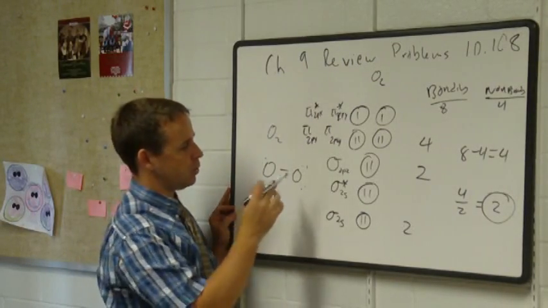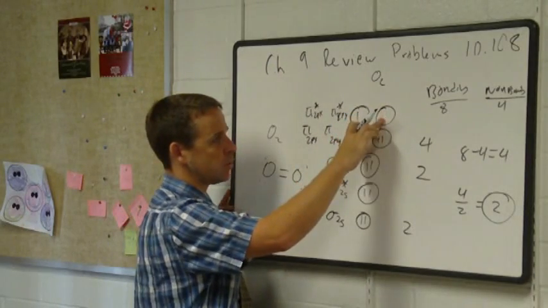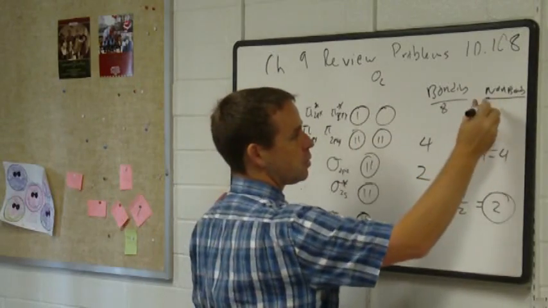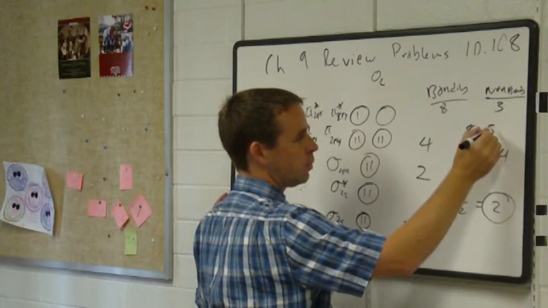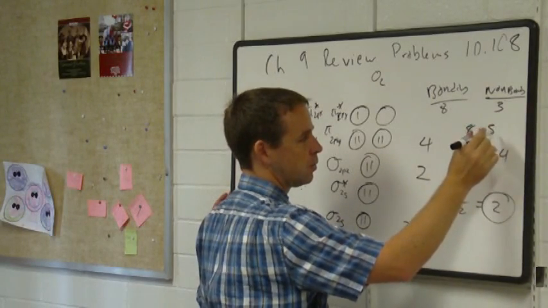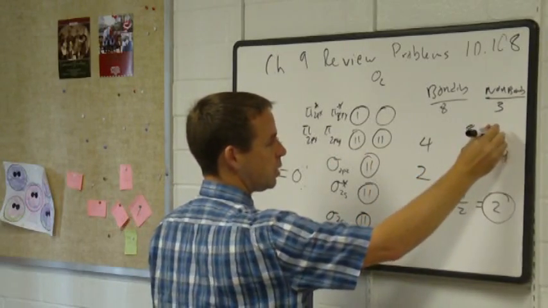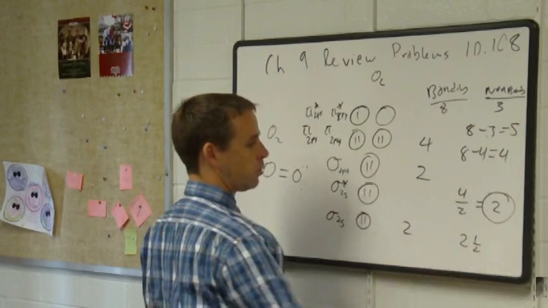Okay, so then the question is, what happens if we make O2 plus, where we remove one electron? That's going to make the non-bonding electrons fewer, so it's going to be 8 minus 3, because we only have 3 non-bondings, and that'll be 5, and then 5 divided by 2, which is 2.5.